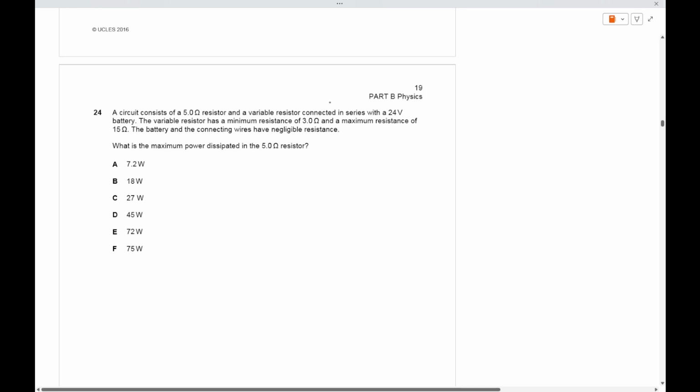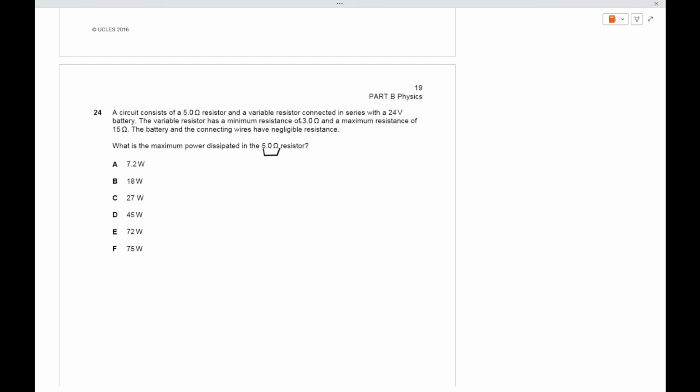So C. For this question, the first thing we need to do is see which setting of the variable resistor we're going to use. We want to maximize the power dissipated in the 5 ohm resistor. To do this, we have to maximize the current going through it, and to maximize the current, we have to minimize the total resistance.